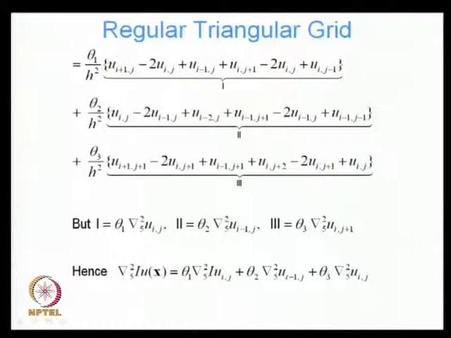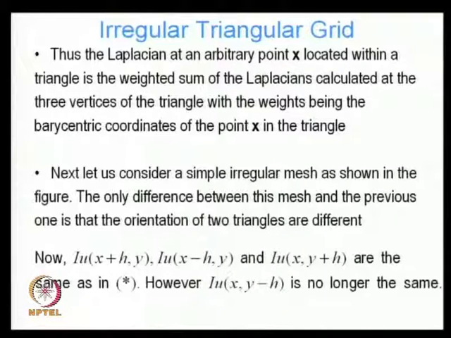I get that my Laplacian evaluated at an internal point is equal to the Laplacian evaluated at my grid points scaled by the barycentric coordinates of the point at which I want to evaluate the Laplacian. Thus, the Laplacian at an arbitrary point x located within a triangle is the weighted sum of the Laplacians calculated at the 3 vertices of the triangle, the weights being the barycentric coordinates of the point x in the triangle.